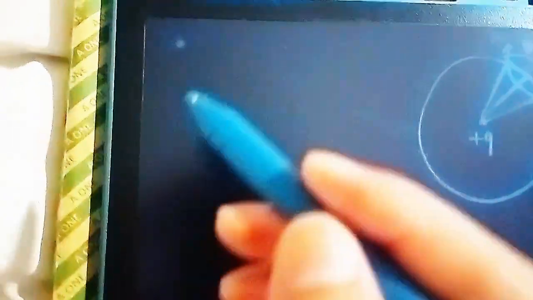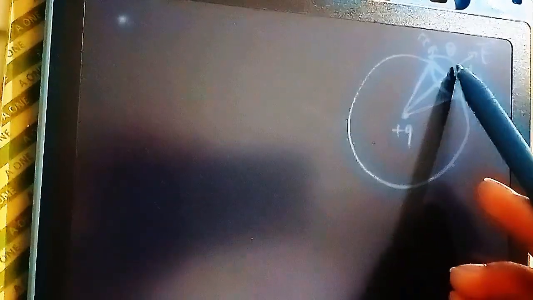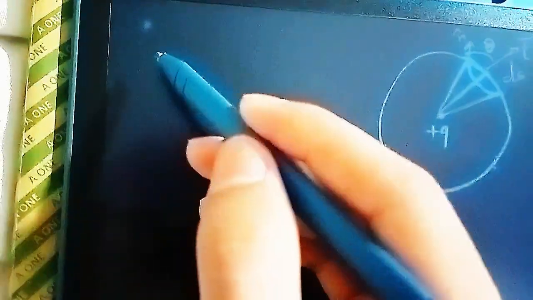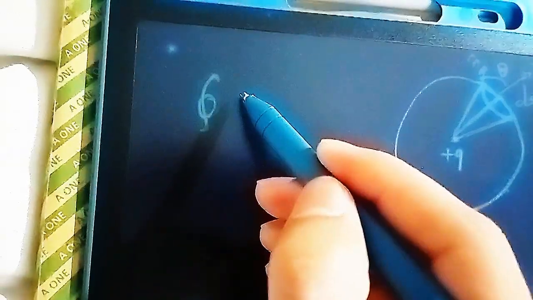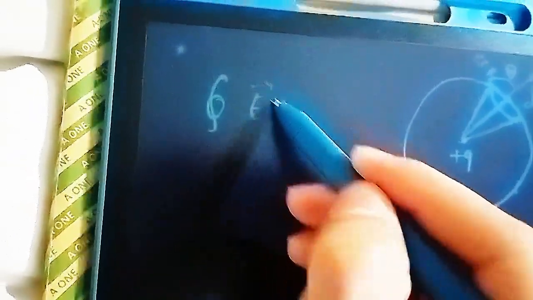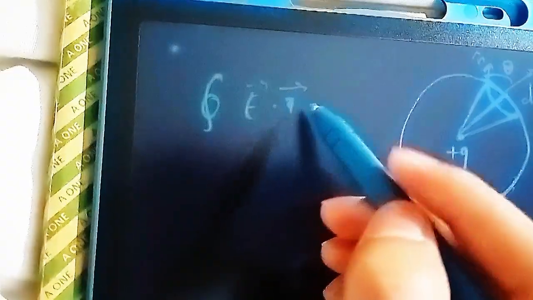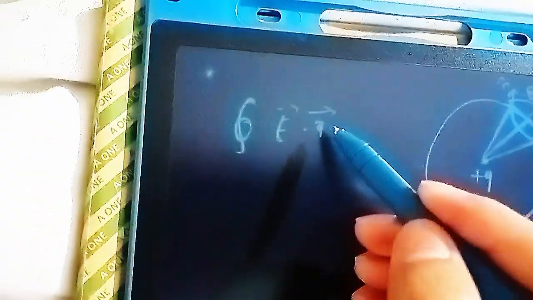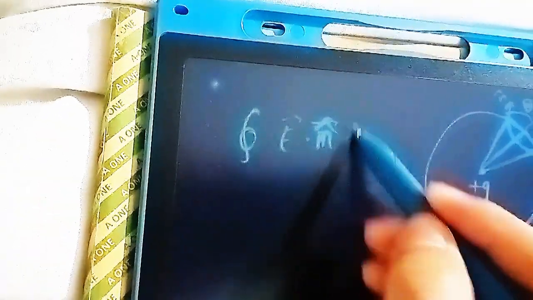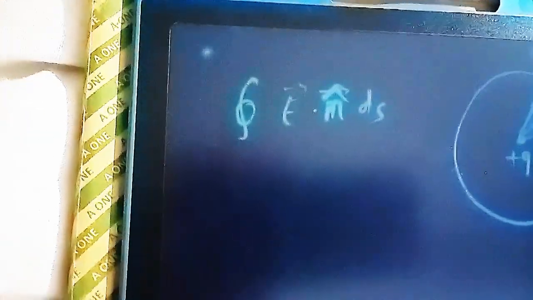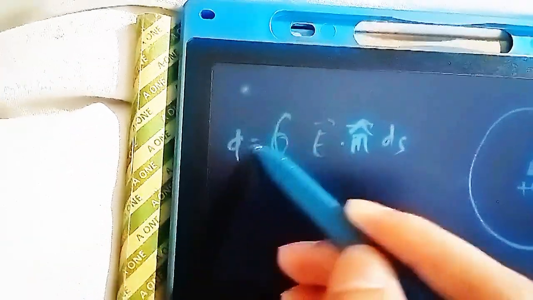Now we can say that the normal component of electric field E vector over the closed surface S is given by the cyclic integral of E vector dot n cap ds, which is flux.